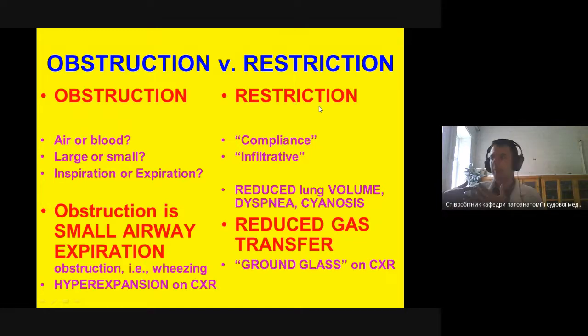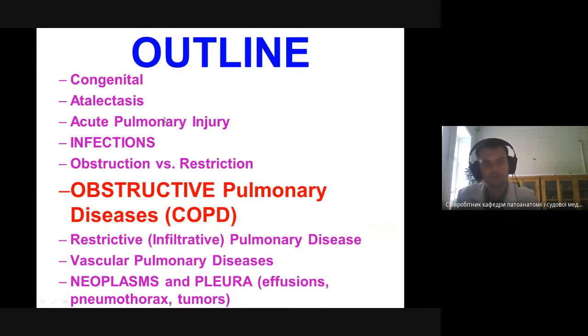Restriction means there are problems in the expansion of lung tissue. Obstruction is a small airway problem, and in restriction, there is reduced volume for some reason.